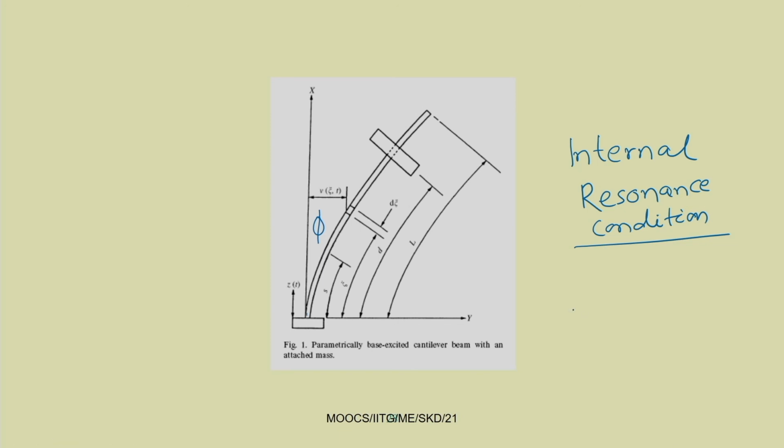For example, it will be m u double dot in the axial direction, where the axial direction deflection is u, then in the transverse direction it will be m v double dot. That is the inertia force. Then by taking the moment at a distance s from here, we can get this equation for this moment.